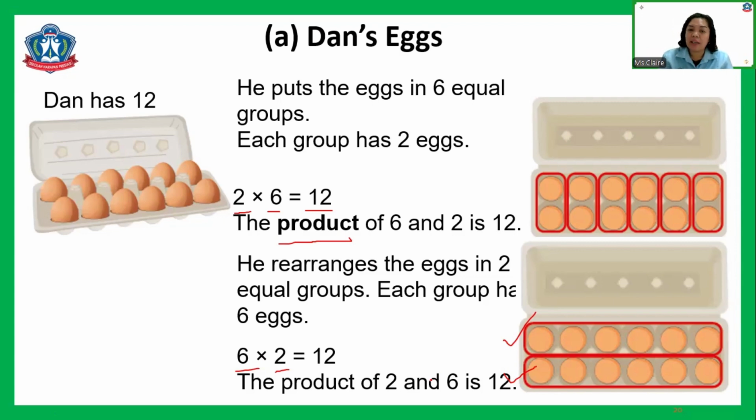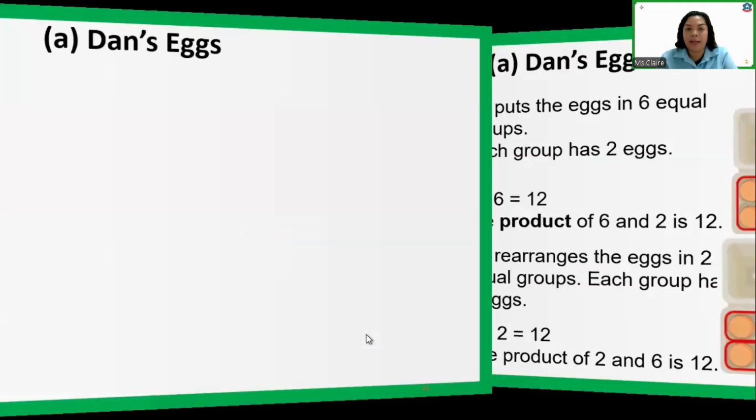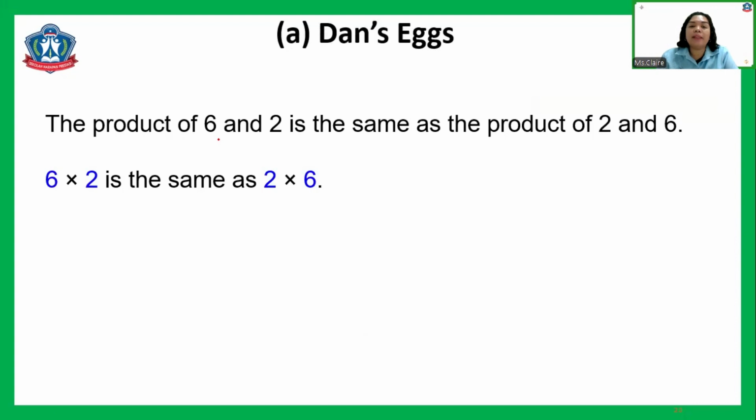What have you noticed? Right. If we multiply the numbers 2 times 6, 6 times 2, the answer or the product is still the same. It does not change, right? So when objects are arranged in groups, we can write multiplication sentences to show it, correct? So the product of 6 and 2 is the same as the product of 2 and 6. It means the answer of 6 times 2 is 12, and the answer of 2 times 6 is also 12.